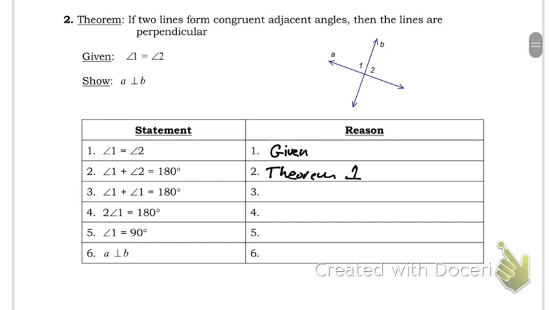So like I said, there's multiple ways to do this one. But we're going to go ahead and just say angle 2 equals angle 1. What lets me replace angle 1 with angle 2? Yeah, the right angle definition. Probably not the right angle definition.